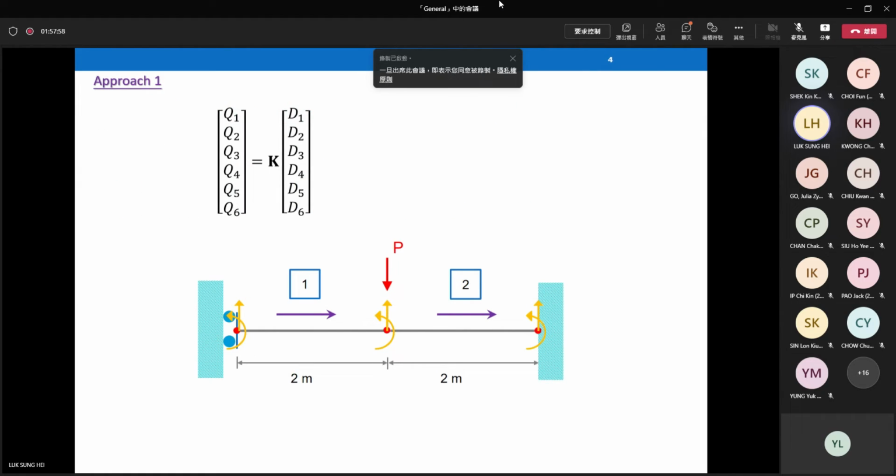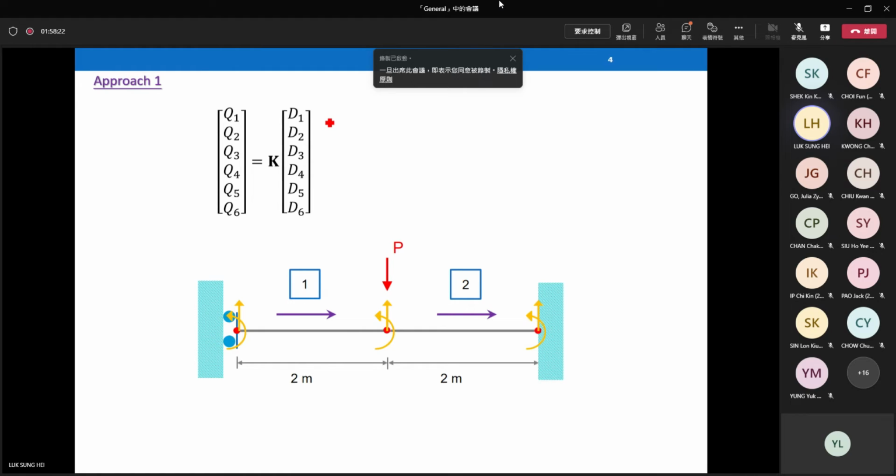At the same time, you can take a look at these 4 displacement relationships. We have a force vector on the left, we have displacement vector on the right. In the middle, we have a stiffness matrix, something that we will determine in the second step. At the same time, you can substitute the known information into this equation. We call it QK and DK.